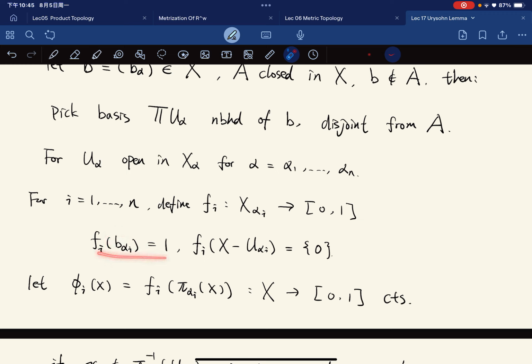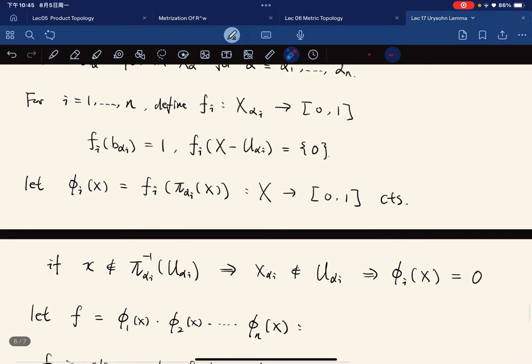f_i of b alpha i is equal to 1 and f_i is 0 on X alpha i minus U alpha i. This is a closed set and it does not contain b. Now we define phi_i as the projection pi alpha i composed with this f_i. So this is a function from X to [0, 1], and it is a composition of continuous functions, which is continuous.